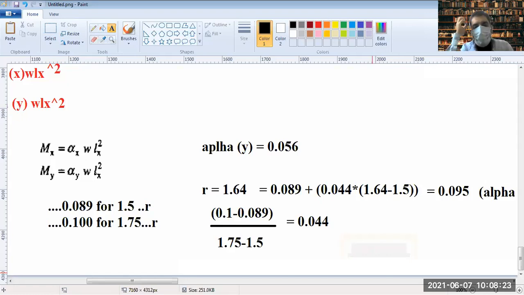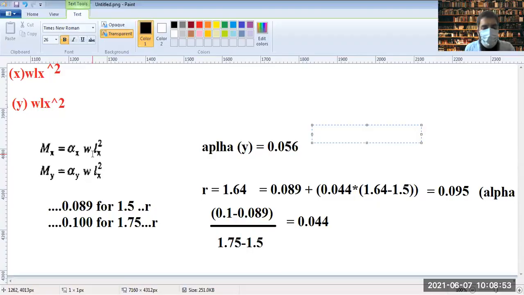Lx and Ly are the lengths of the short span and the longer span. Now, in this case, this has to be taken as effective length.